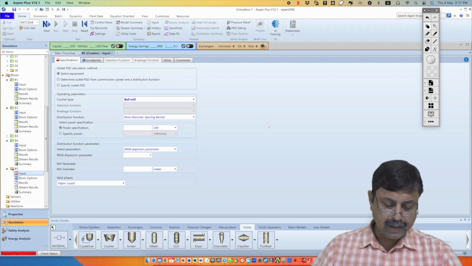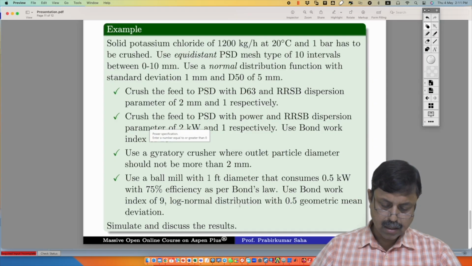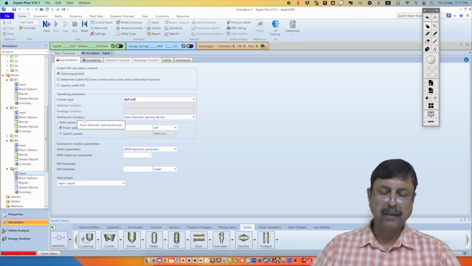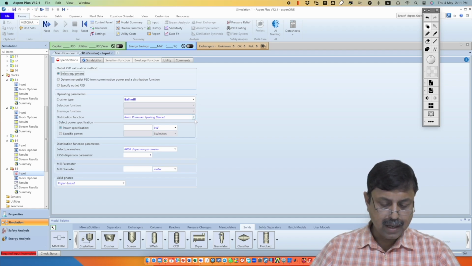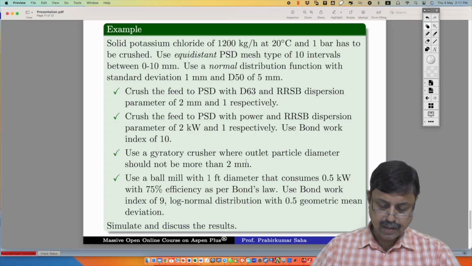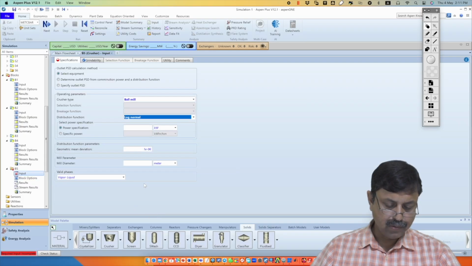Then specification, ball mill, and you have to use log normal distribution. So here you are not supposed to use RRSB. By default, RRSB comes everywhere. So here they have asked you to use log normal. So use log normal. For that, 0.5 geometric mean deviation has to be chosen.